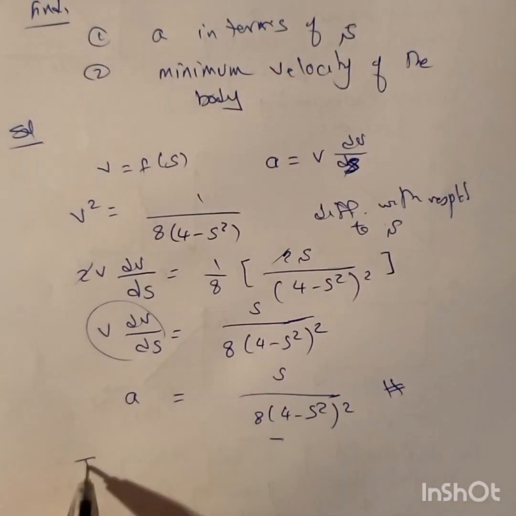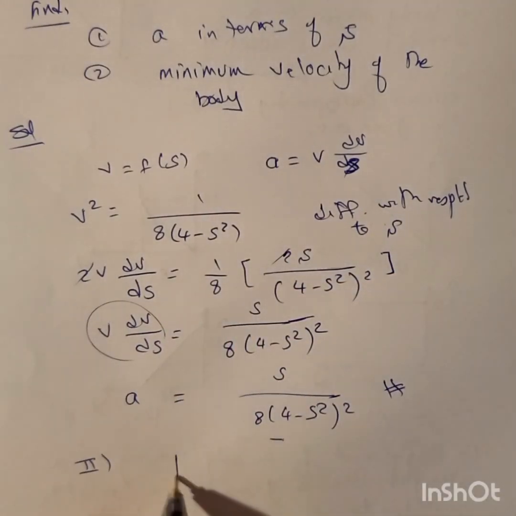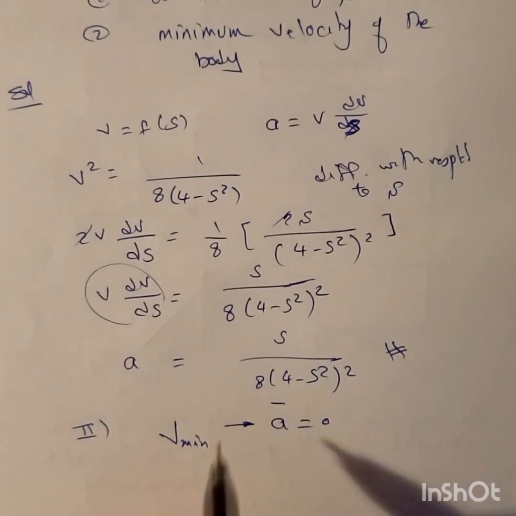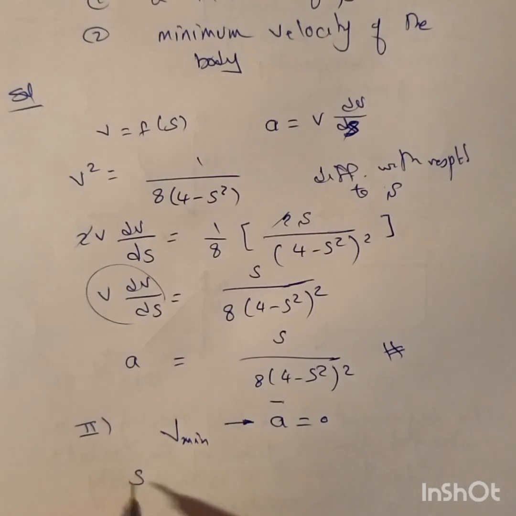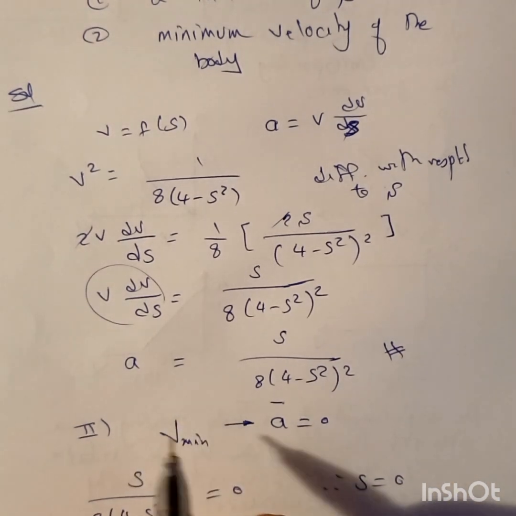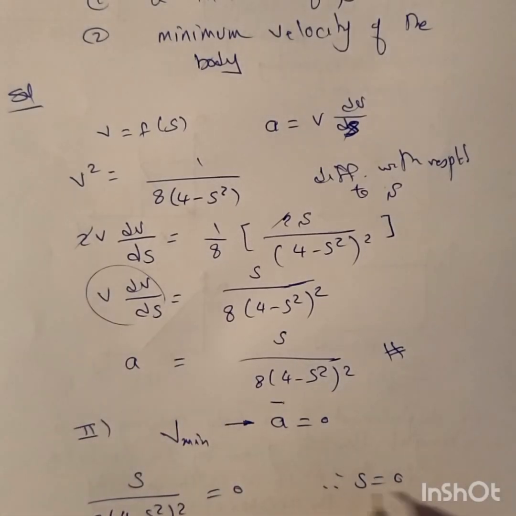For number 2, it's required to find the minimum velocity of the body. V minimum is achieved when acceleration equals 0. Okay, then we have s over 8 (4 minus s squared) all squared equals 0. Then s equals 0. Then the velocity of the body is minimum when s equals 0.